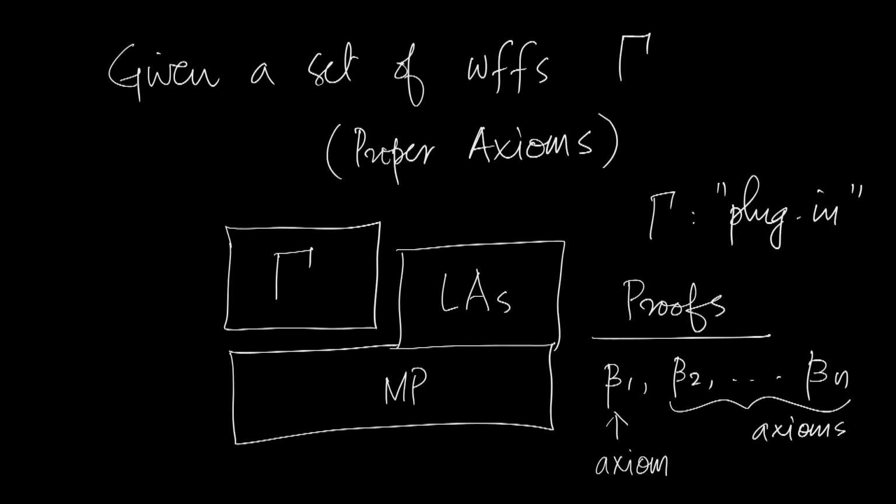But of course, since modus ponens should have 2 formulae to be applicable, we know that beta 2 also is an axiom. So in any proof, the first 2 statements are axioms, the remaining statements are all axioms or obtainable by modus ponens. That is, we are visualizing sequences of this sort. Beta 1, beta 2 are axioms.